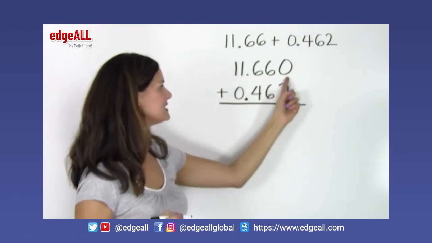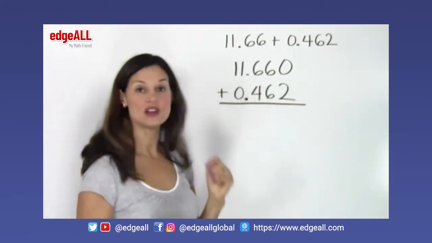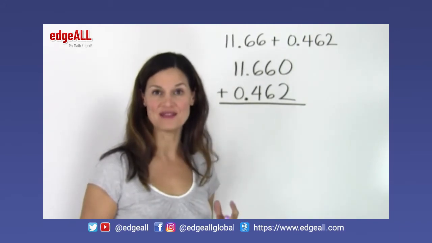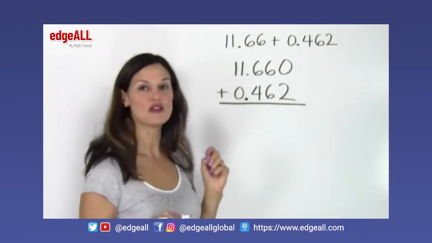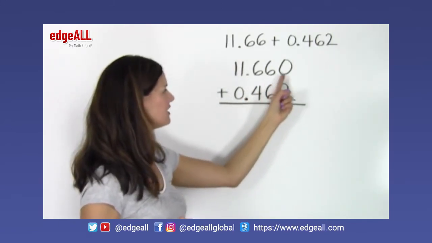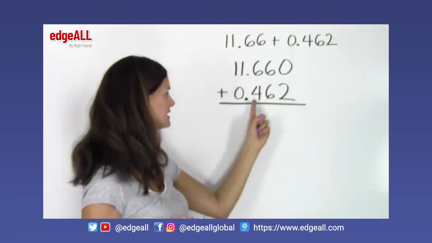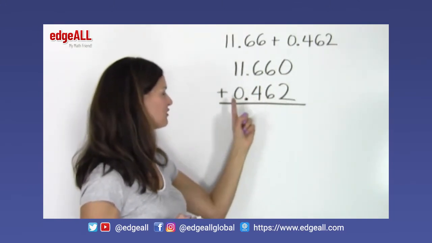Now, when I place a 0 here at the end of a number with decimals, I'm not changing the value of the number at all. I'm just making it easier for me to add because I want to match up the number of digits after the decimal point in both of my numbers.